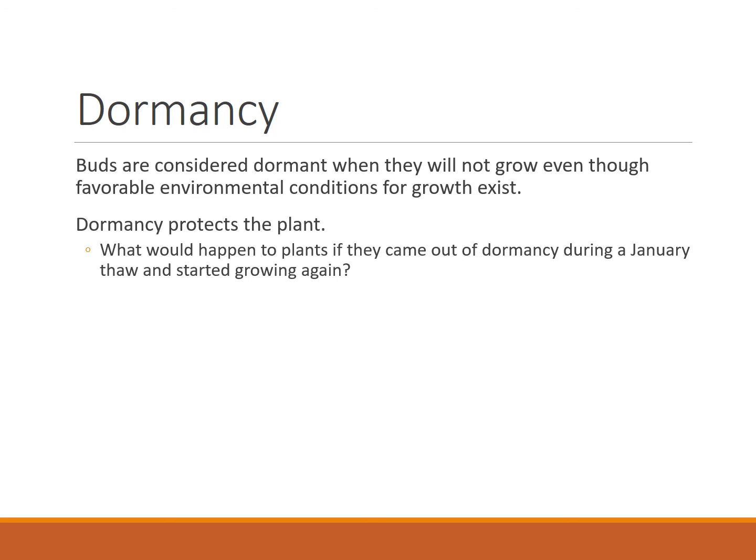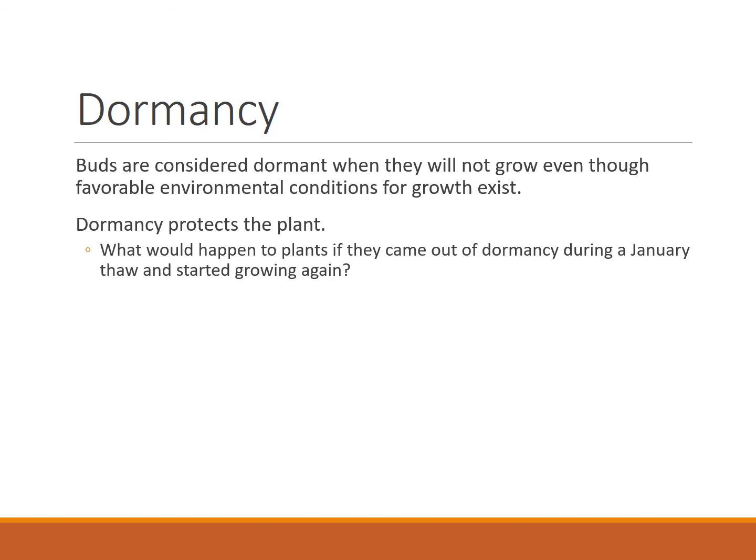So dormancy is a way to protect the plant. So what would happen to a plant if it came out of dormancy during a January thaw and started growing again? Well, that would be disastrous for plants, right? If you had a tree, for example, and it went dormant sometime in November, early December, and then all of a sudden in January there was a long period of warm weather and the tree started to leaf out.